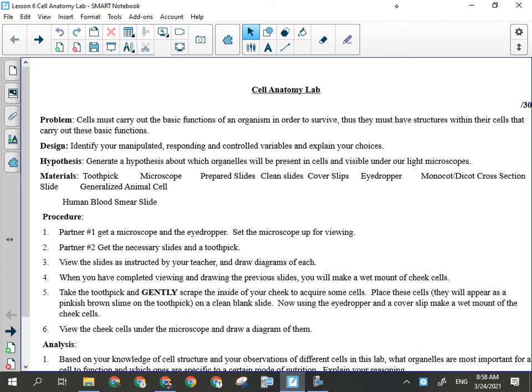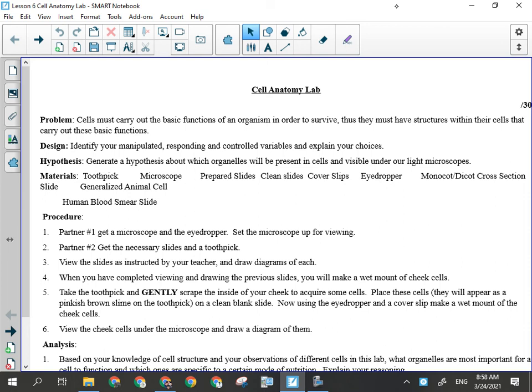Okay? All right. So for our design, okay, we're looking at different cells again, and we're looking at a plant and an animal.